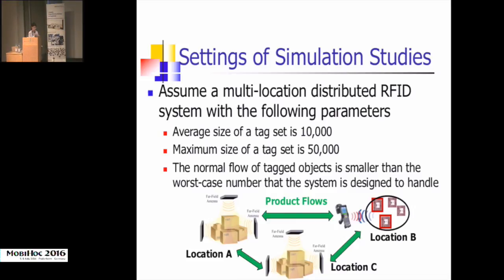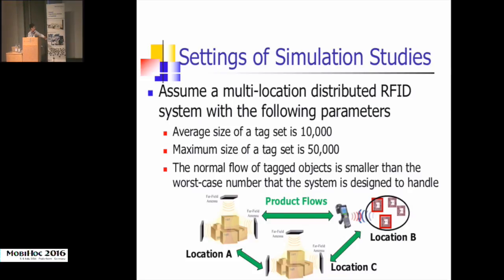Here are the simulation studies. I just want to skip the tedious proof about the estimated variance. Here we just show the simulation result. We assume there's a multi-location distributed RFID system with the following parameters.